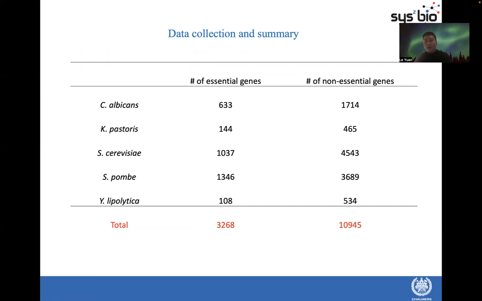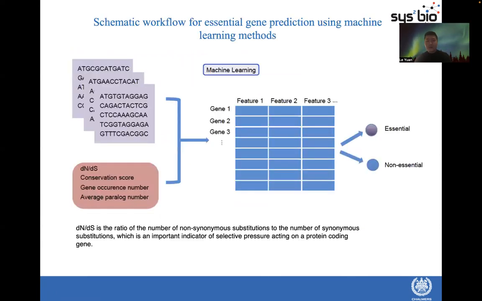So here we collected more than 10,000 entries about gene essentiality data from these five species based on peer-reviewed literature or open source databases.